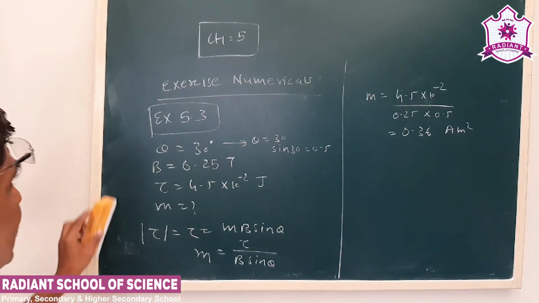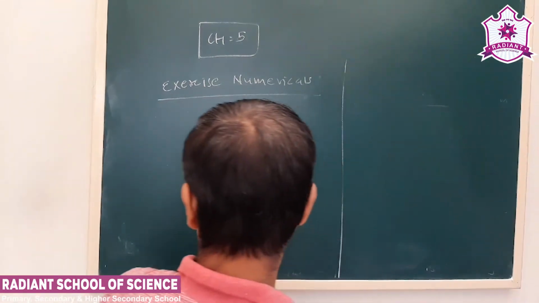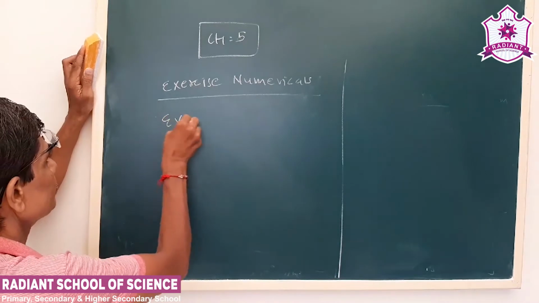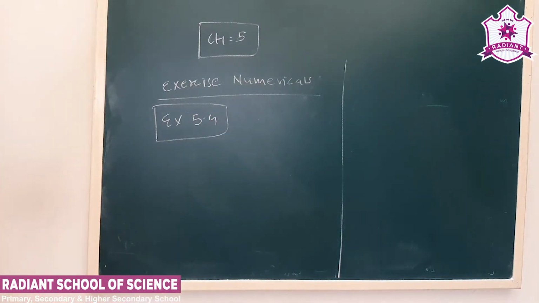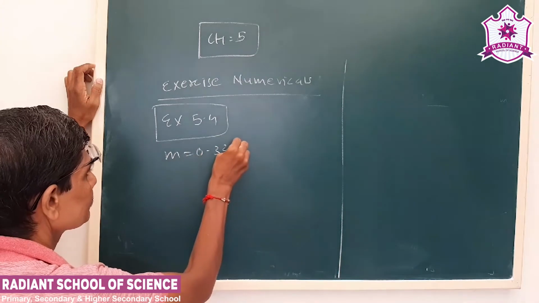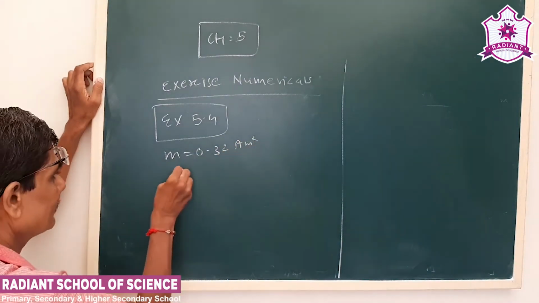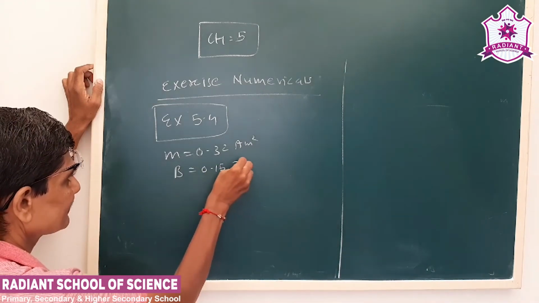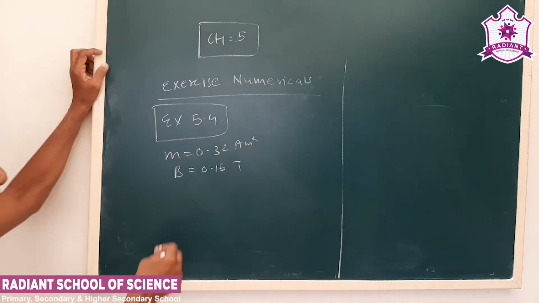Now see, next exercise numerical. A short bar magnet has a dipole moment of some value. Now it is placed in a uniform magnetic field, in a stable equilibrium.